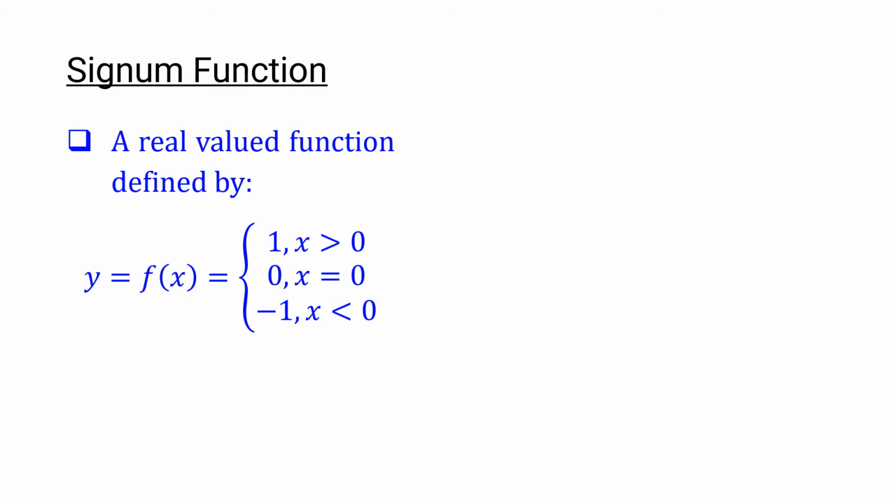It looks like a V. The value of y is always positive whatever the value of x is. The next common function is Signum function. A Signum function is a real valued function defined by y = f(x) equals 1 if x is greater than 0, equals 0 if x is equal to 0, and f(x) equals minus 1 if x is less than 0.